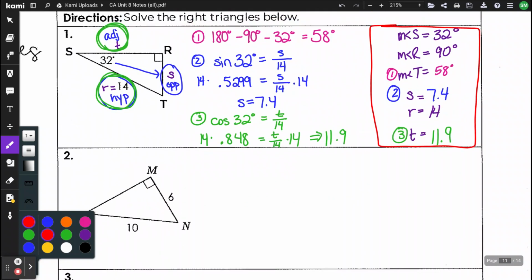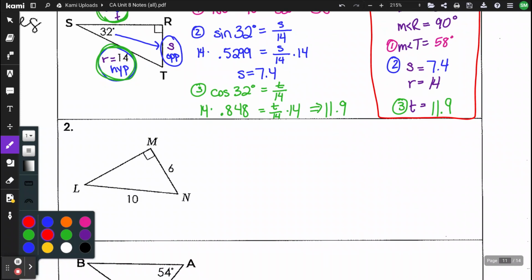Okay. Now let's try a different version. This first one gave us one angle measure other than the 90 and one side. What if it doesn't give us any angles? Okay, so we have triangle LMN here.